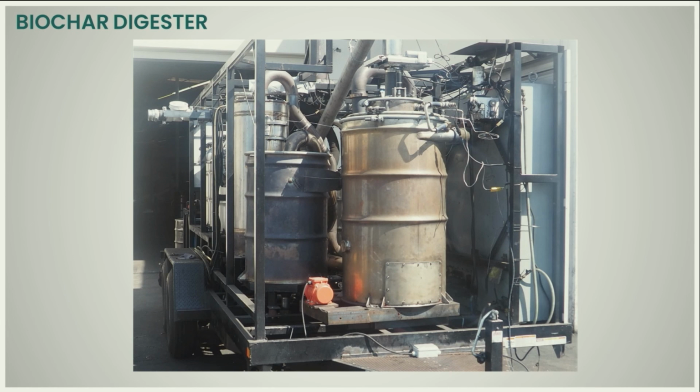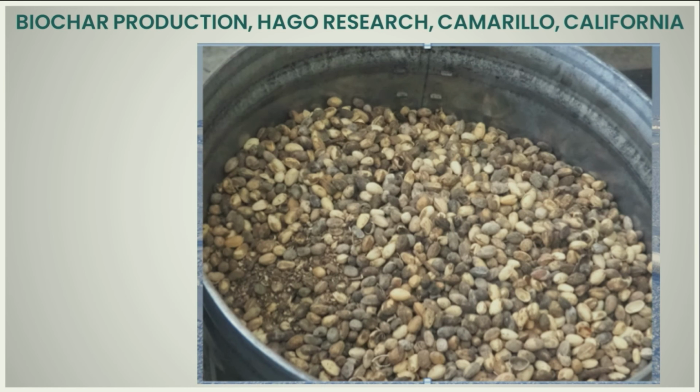So here it is, and here's one of the digesters. You have lots and lots of these that you drag through the fields, and you put pistachio nutshells into them, and you get this oil and biochar. So you're taking the carbon out of these nutshells.